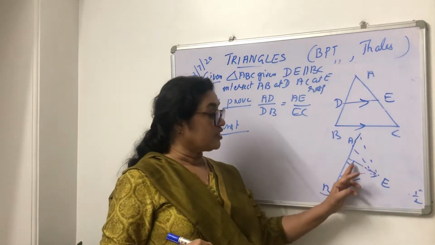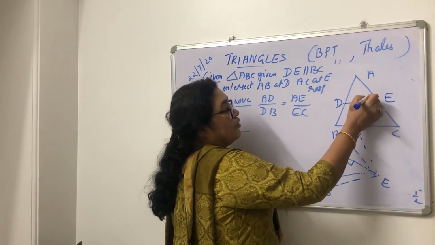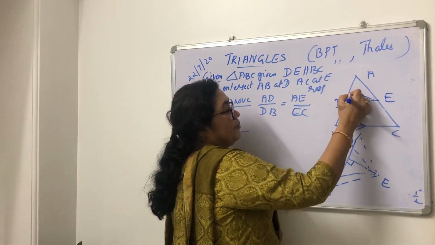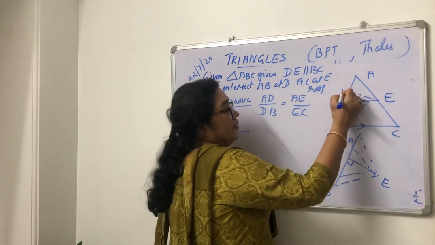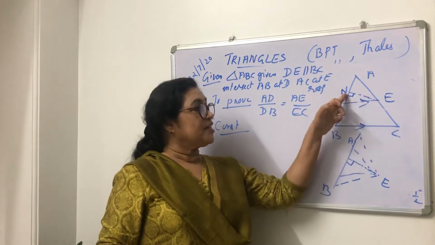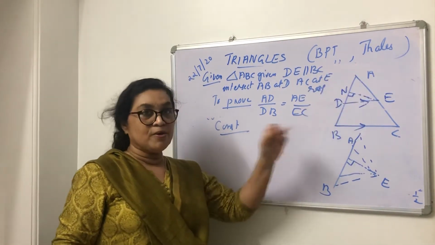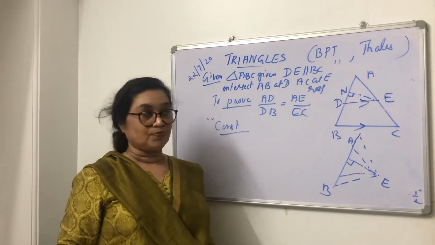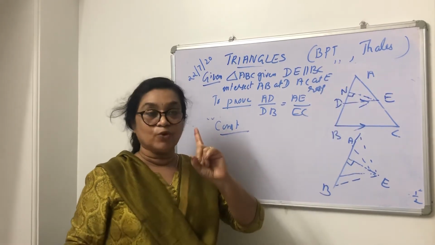Same way, from E to AB you have to draw a perpendicular, and I am giving the name EN. EN is perpendicular to AB. That means EN is perpendicular to AD also, and EN is perpendicular to BD also, because the perpendicular from a point to a given line is only one.